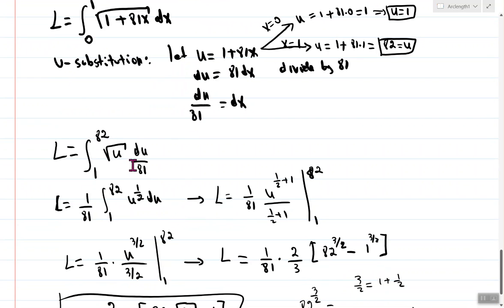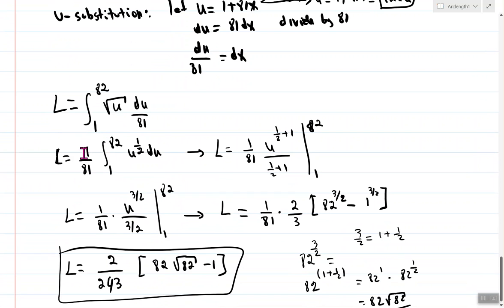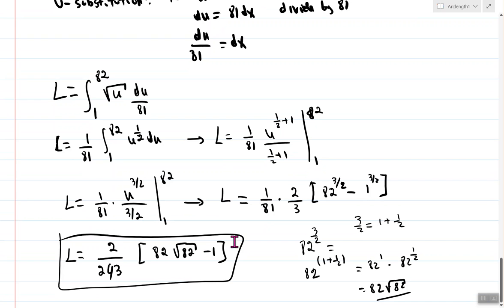So we have the u integral, and we can bring 1 over 81 outside because it's a number, and we integrate from 1 to 82. We're going to integrate u raised to a half using the power rule of integration. When you integrate u raised to a half, it becomes u raised to a half plus 1, over a half plus 1. So we add, and when you divide by a fraction, you flip and multiply, so you get 2/3.